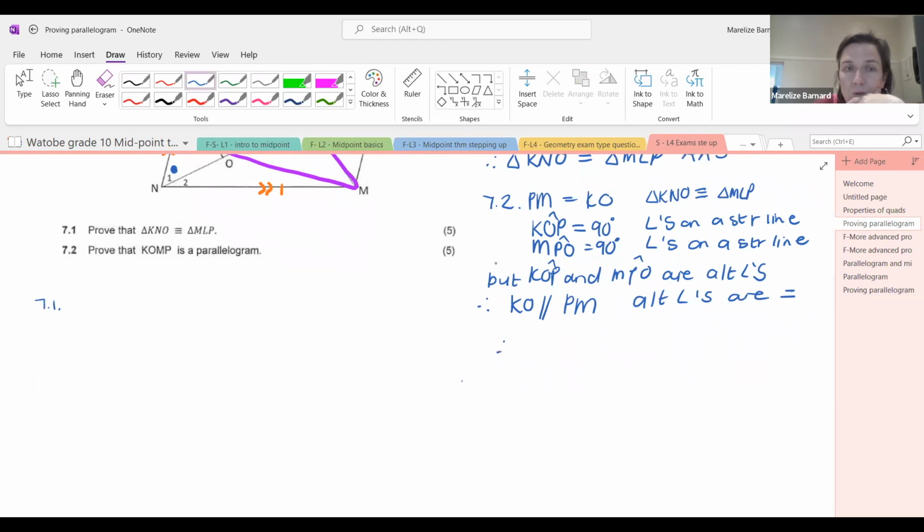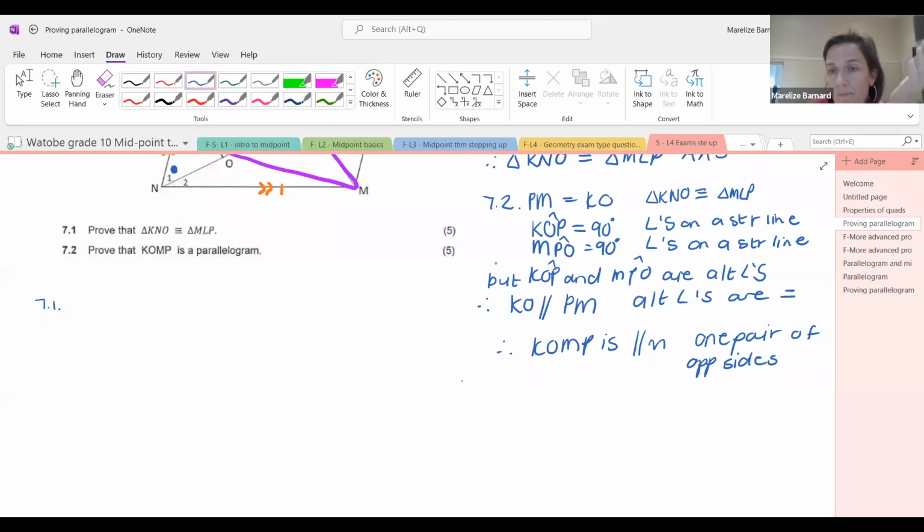And therefore, we can say KOMP is a parallelogram because one pair of opposite sides is parallel and equal.